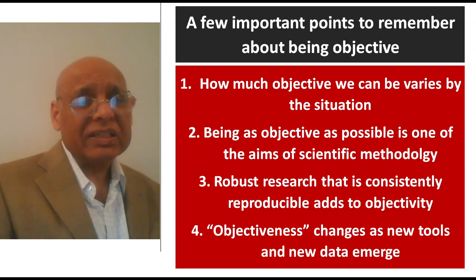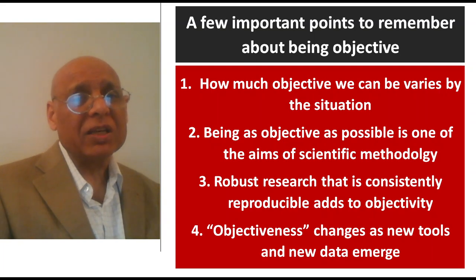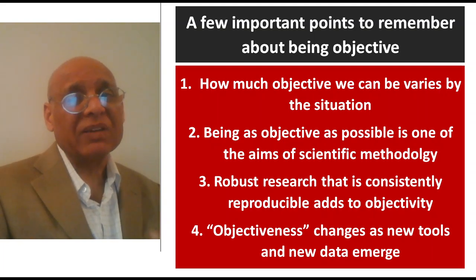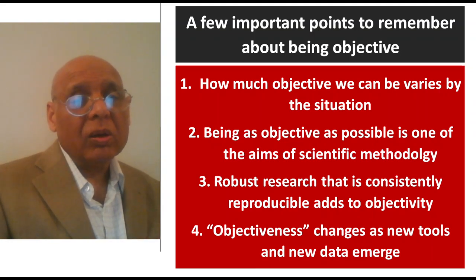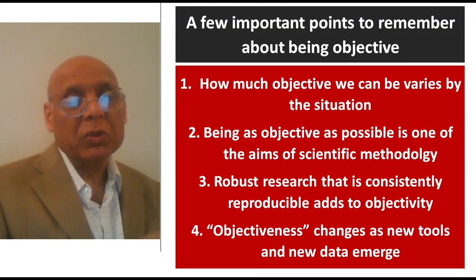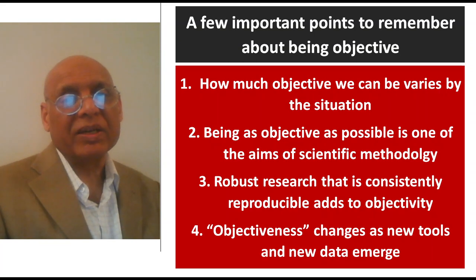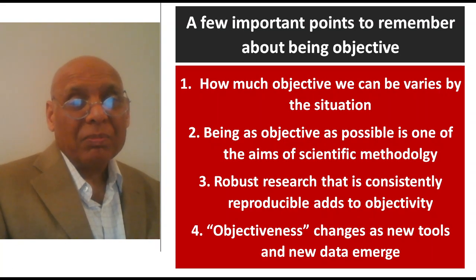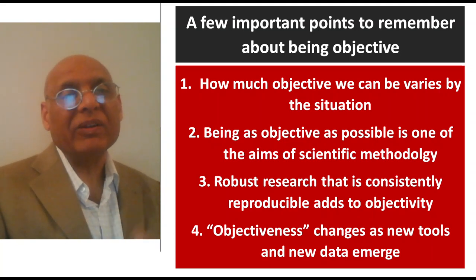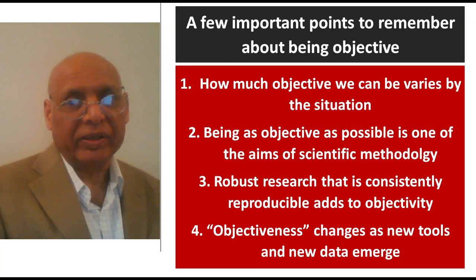The second point is that being as objective as possible is one of the aims of scientific methodology. So we know that many times we would do studies that do not necessarily provide a decisive objective output, but they help gather information in an objective manner.